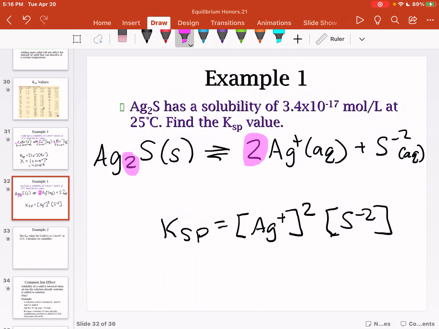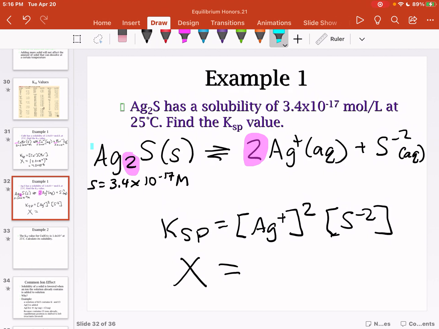So I want Ksp is my X, so that means I have to have numbers on the right. My solubility for this substance is 3.4 times 10 to the negative 17th molar. But now my mole ratio is 1 to 2 to 1.